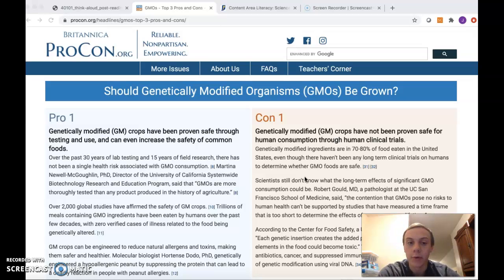So that's what we're going to be doing here, and I'm going to be modeling a strategy, which is writing an exit slip, just so that we know what this is going to look like and what's expected of you as you create your own exit slip.